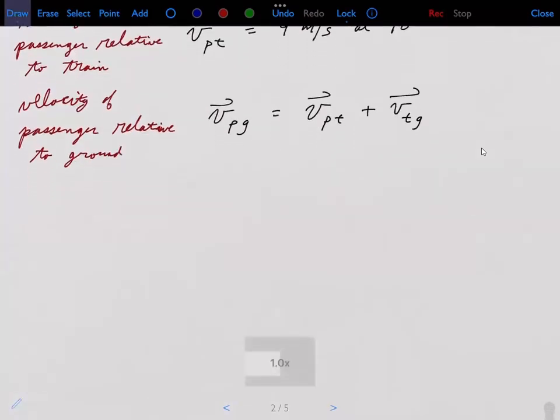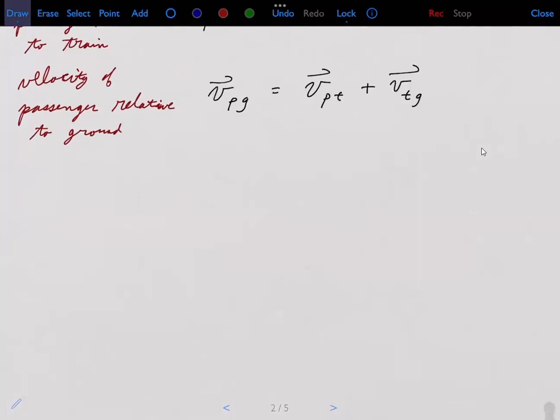So the velocity of the train relative to the ground first, right? I'll just draw a coordinate system here. So velocity of train relative to ground, that's going to be to the left. So TG. Then I want the velocity of the passenger relative to the train.